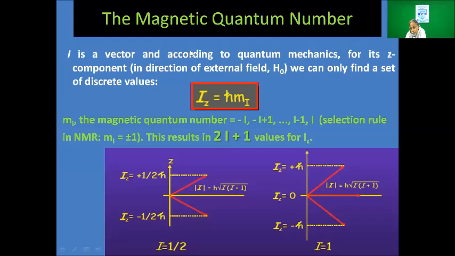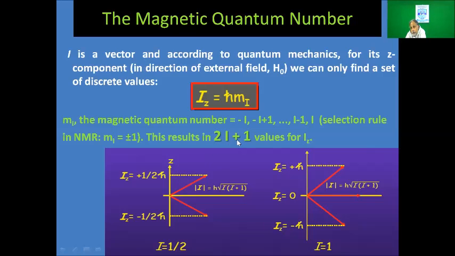Now, how does the magnetic quantum number behave in an external magnetic field? When the spin quantum number I is placed in the external magnetic field, it will split into 2I plus 1.